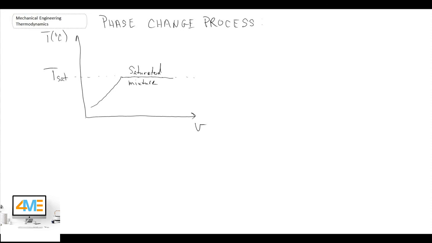Previous to that, before you even get to the saturation point, we're in what is called the compressed liquid region. So that's compressed liquid. We get to the saturation point, or basically the boiling point at the particular pressure that we're operating at. We go through a phase change, and that's the boiling process.